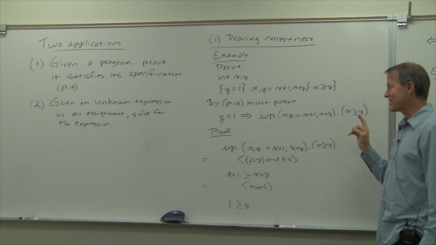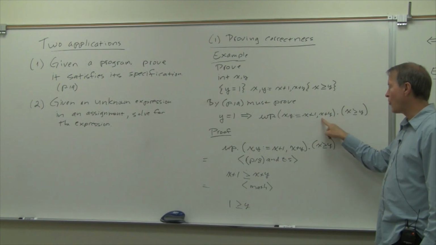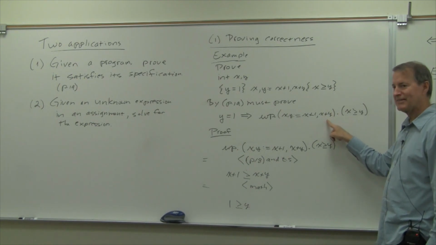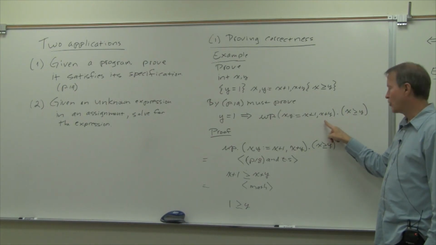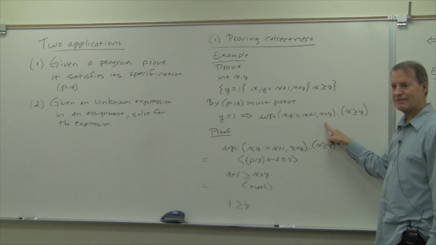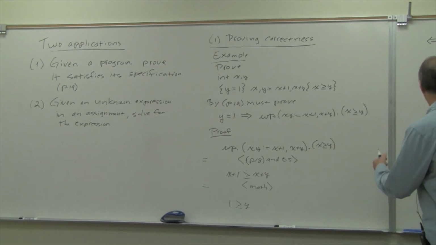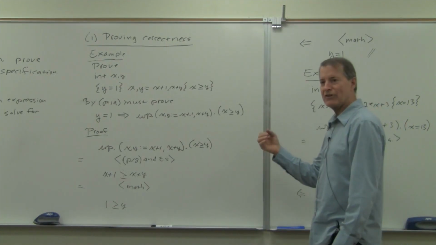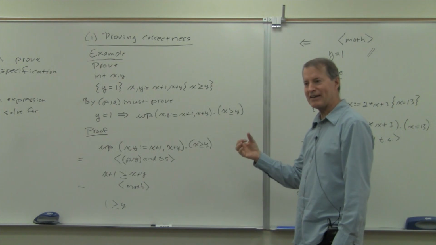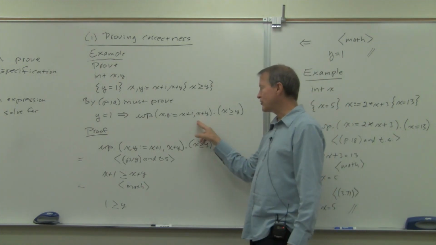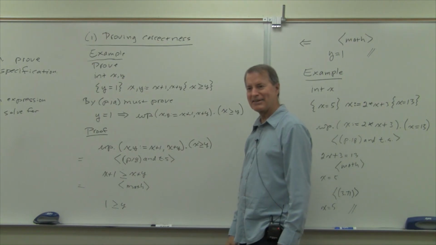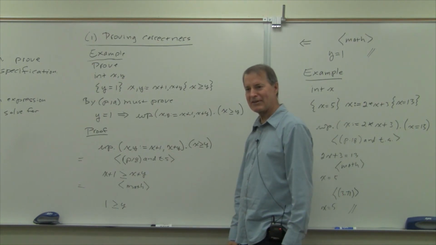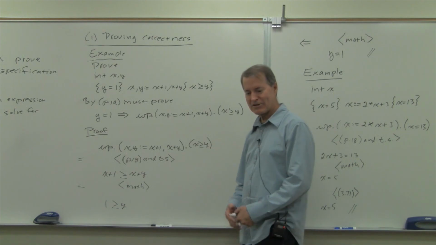If you don't know what one of these things is supposed to be, you can just make it an unknown expression, big E. And then you go through all of this, and in order for it to be true, you get an expression for E. And that way you can calculate what your assignment statement has to be in order for the program to work correctly. Let's try it.